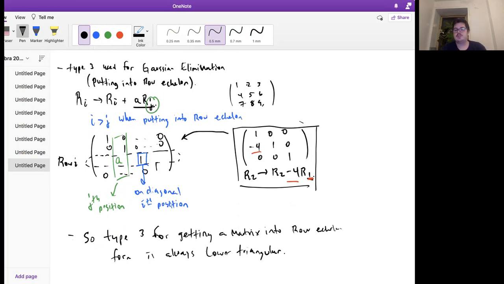So do you agree with that? That's what we just said. The position of the A is always to the left. So this is always lower triangular because all the above entries are 0.